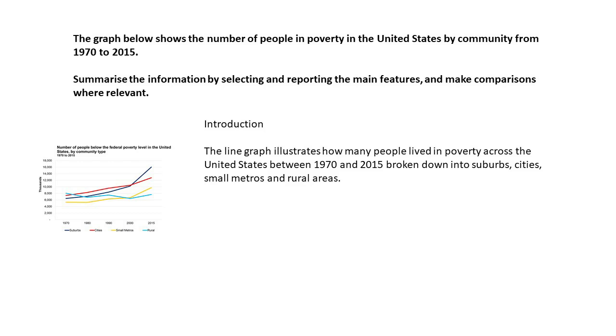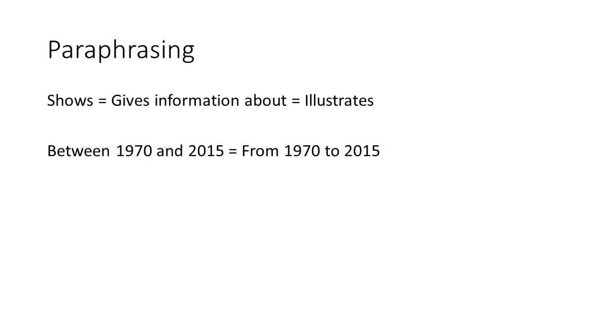As you can see, I've just said what they said in my own words. For example, they say from 1970 to 2015. I say between 1970 and 2015. They say the graph below shows. I say the line graph illustrates. So if they say shows, I have some backup options.